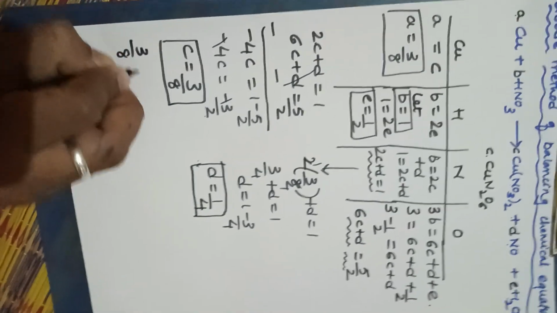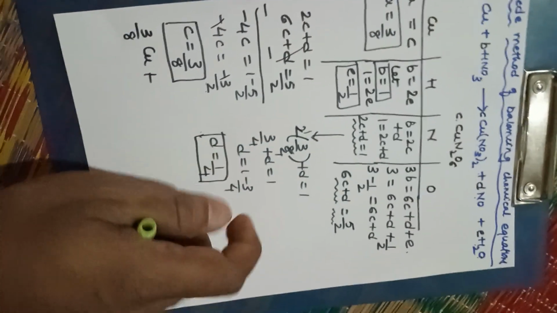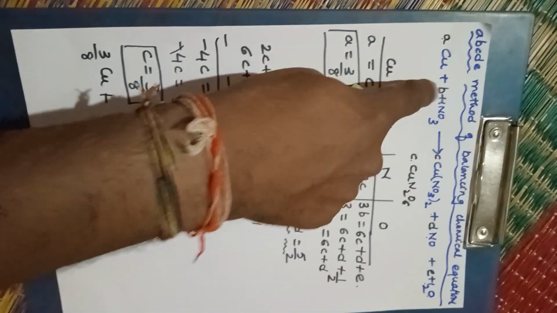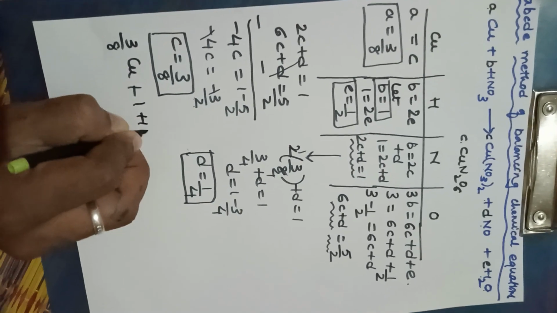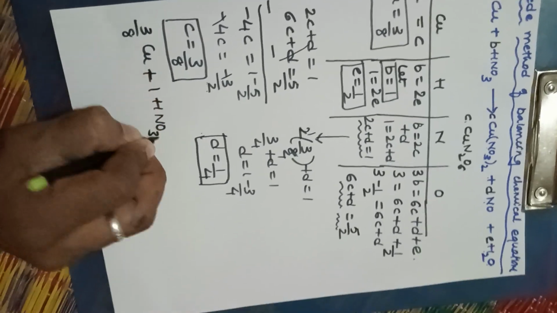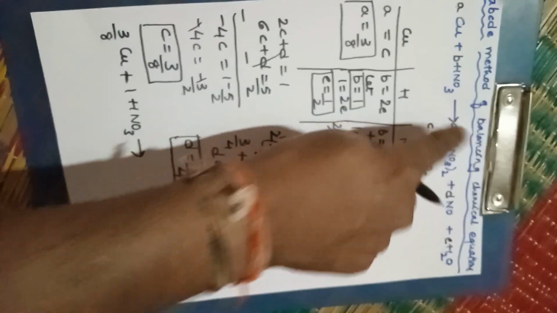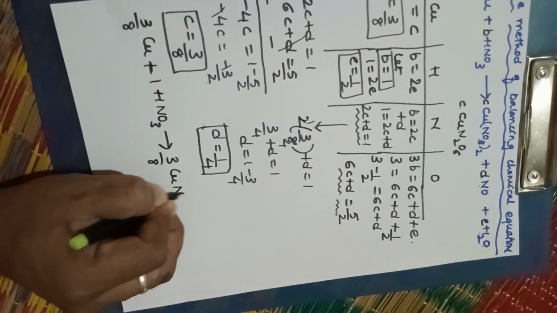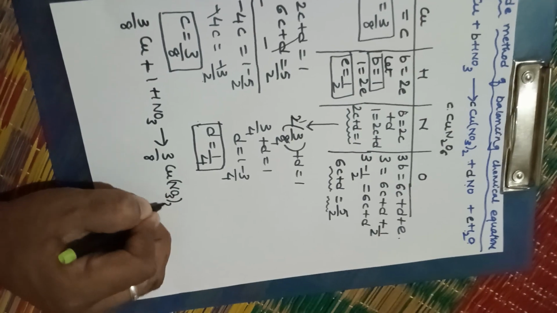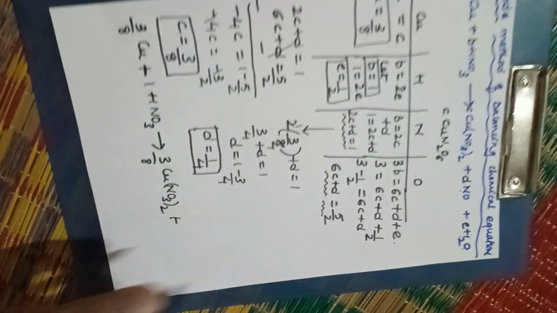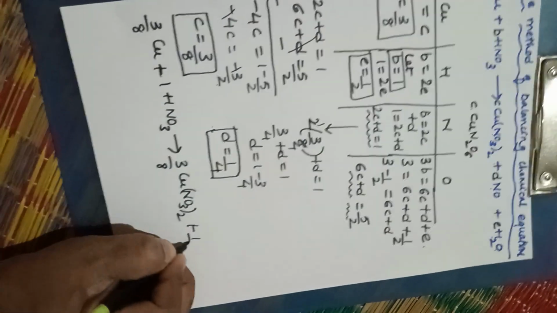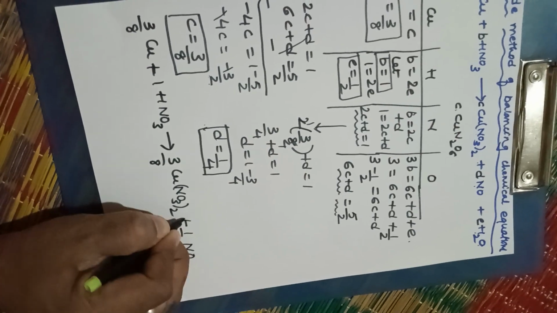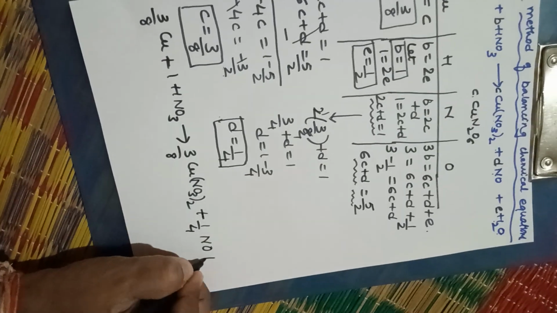In place of a, I shall write 3/8 Cu, plus b value is 1, so I shall write 1 HNO3. Then it gives rise to c, the value of c is 3/8, Cu(NO3)2, plus the value of d is 1/4, so 1/4 NO, plus eH2O.